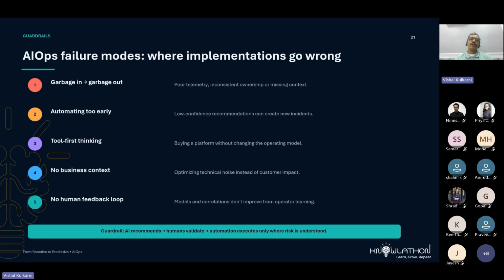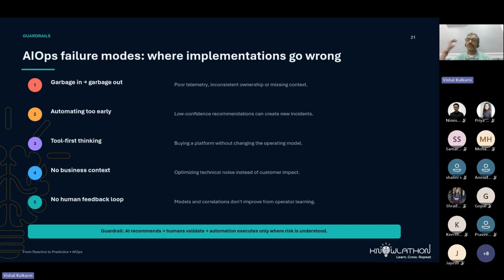Now, typically, AIOps failure modes: where implementation can go wrong. These are the five common failure modes. Poor data quality: poor telemetry, inconsistencies, inconsistent ownership, missing context.